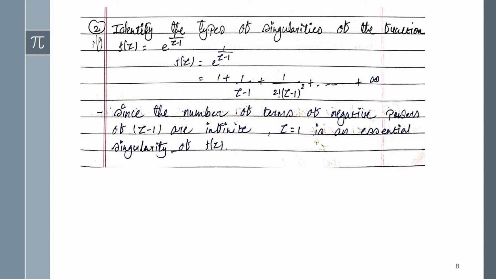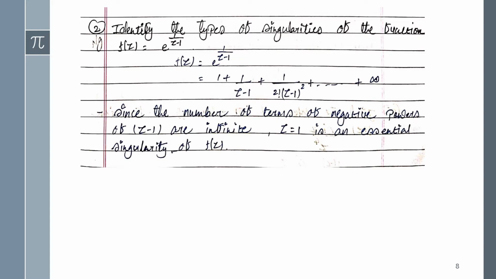So it will be 1 plus 1 upon z minus 1 plus 1 upon 2 factorial into (z minus 1) whole square plus, and so on. Here you can see that the number of terms with negative powers of z minus 1 is infinite. Infinite terms must come; it is compulsory. This is possible only when, as the answer, you get a series or expansion.